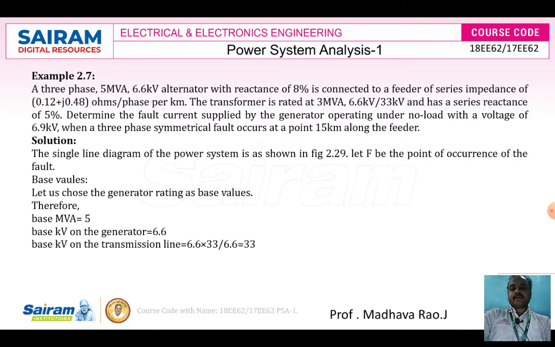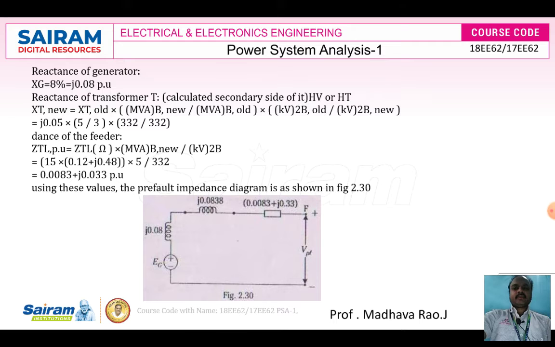The base MVA for the entire problem we consider as 5. The base kV on the generator side is 6.6, and on the transmission line side it is 6.6 into 33 by 6.6, that is equal to 33. Next we need to find the reactance values of the generator, transformer and feeder.